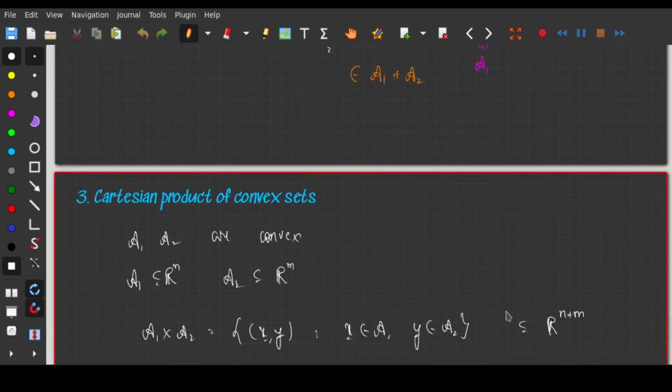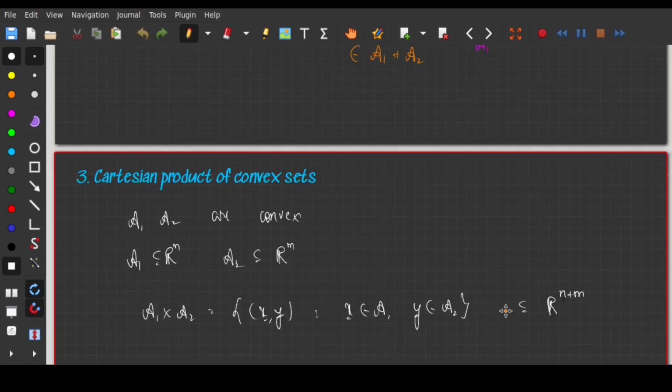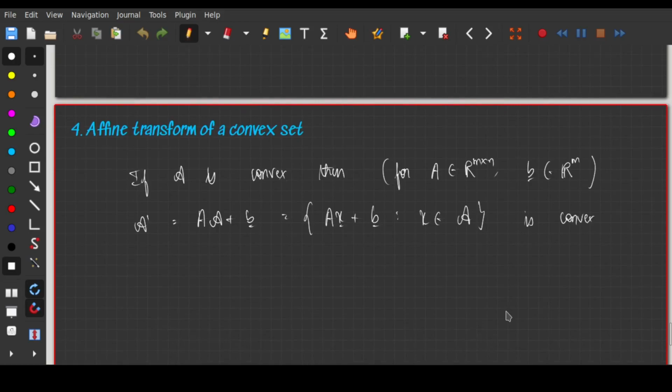You can take the linear combination of two sets, and that also results in a convex set. Right? So in fact, the Cartesian product of convex sets is also convex, and any affine transformation of a convex set is also convex. And combining these, if you take multiple convex sets, then any affine transformations of these also result in a convex set.